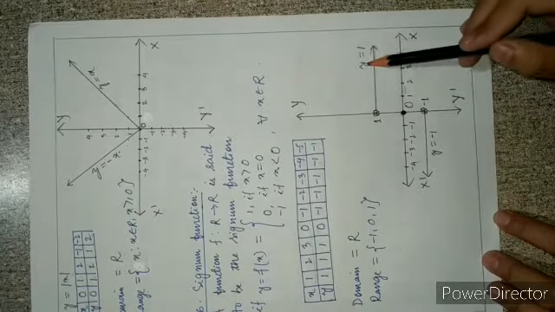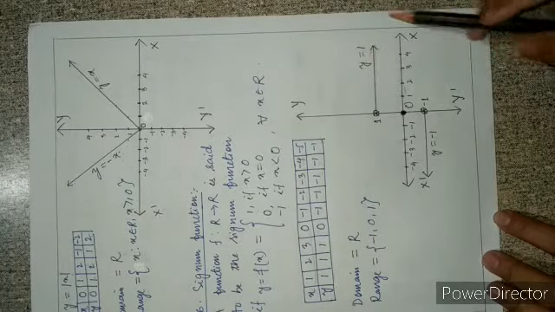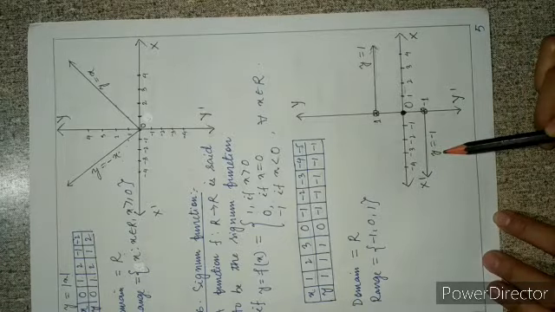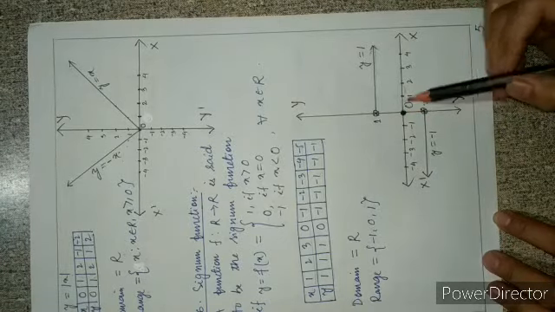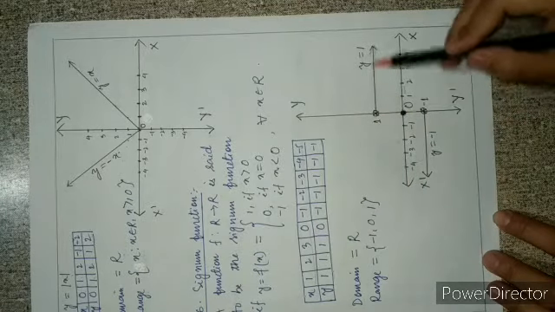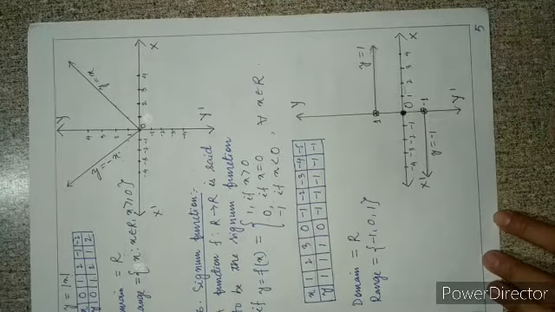This graph represents the equation y is equal to 1. The second graph represents y is equal to -1, and this point represents the graph when x is equal to 0 and y is equal to 0. So this is how the graph of the signum function looks.